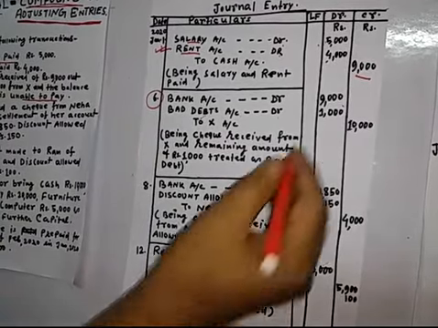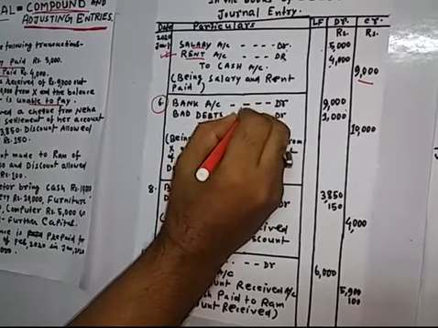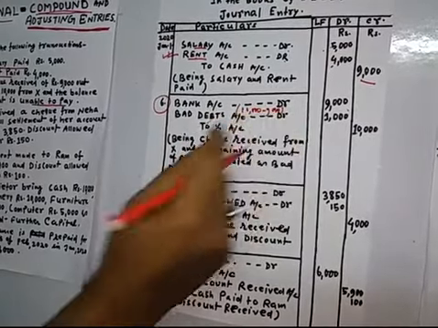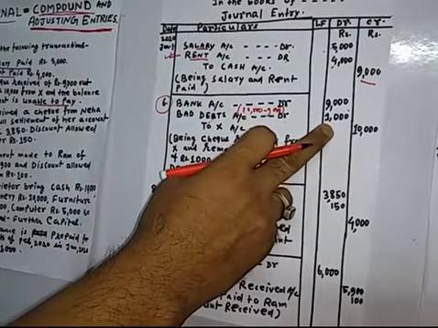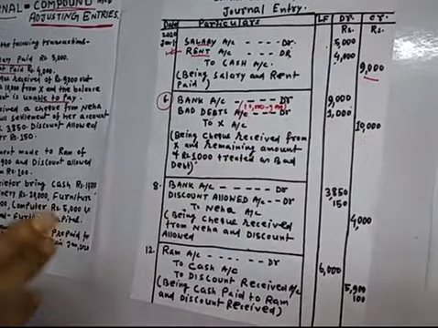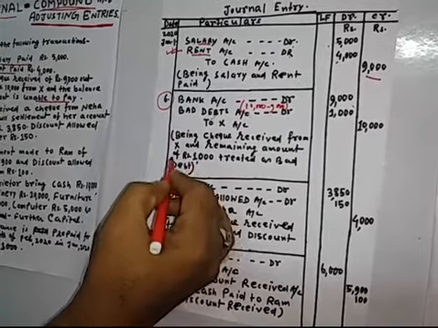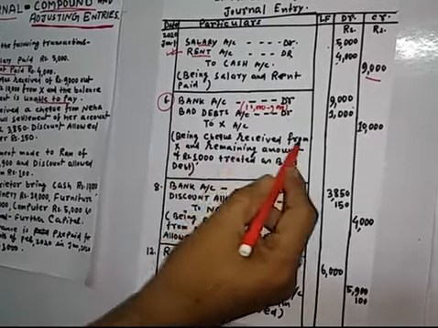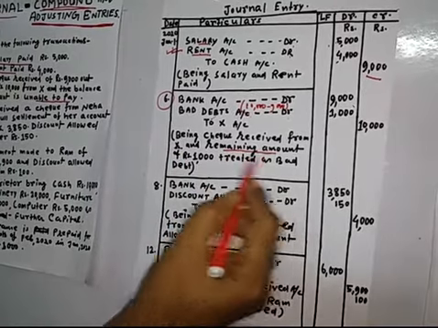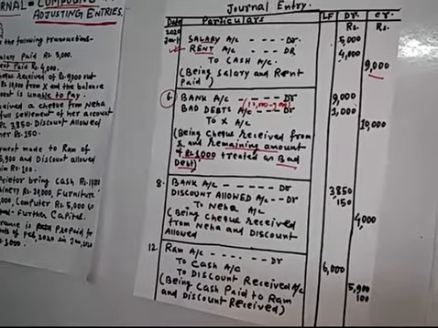How can you find the 1,000? 10,000 minus 9,000 is 1,000, and X account is 10,000. Clear on this part? And here see the narration: being check received from X and the remaining amount of rupees 1,000 treated as bad debt. Clear?